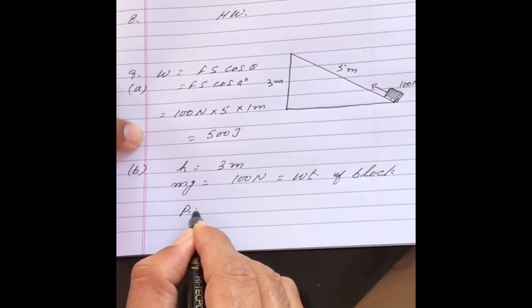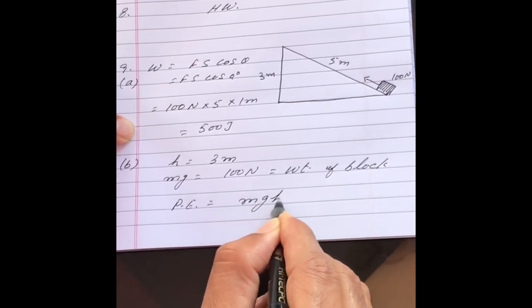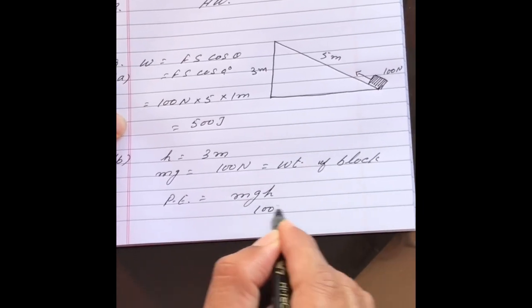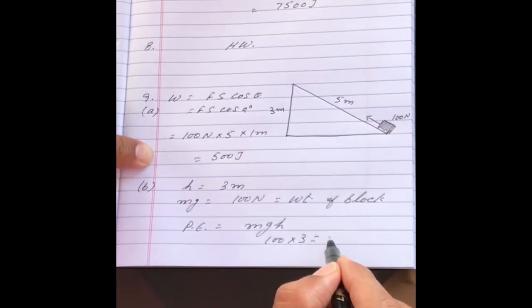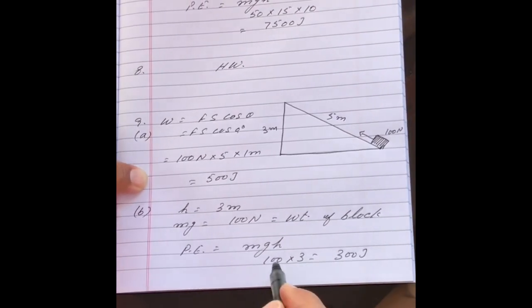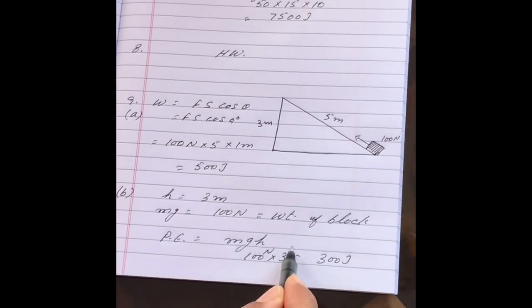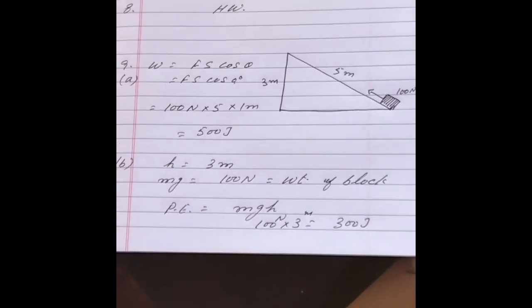So increase in potential energy is mgh. mg is 100 Newton, h is 3. So increase in potential energy is 300 joule. 100 Newton into 3 meter, 300 Newton meter or 300 joule.